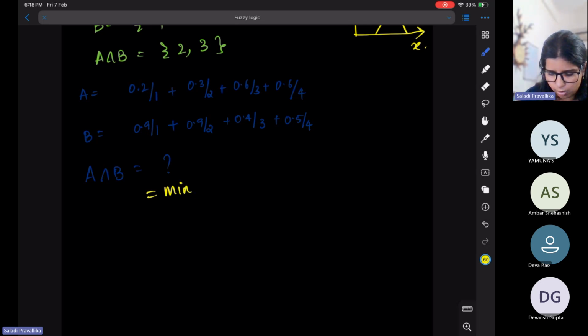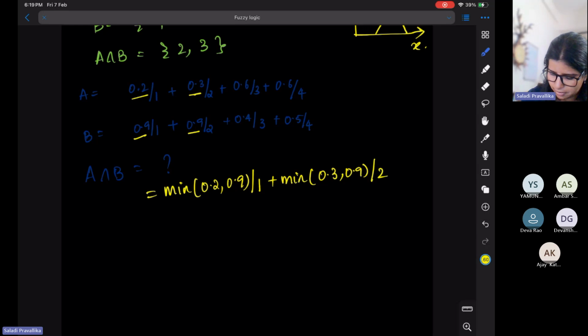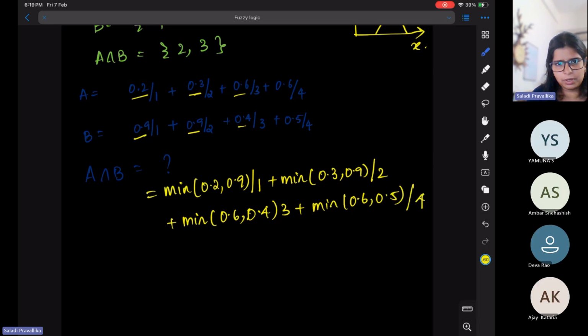So minimum of 0.2 and 0.9 for x equal to 1, plus minimum of 0.3 and 0.9 for 2, plus minimum of 0.6 and 0.4 for x equal to 3, plus minimum of 0.6 and 0.5 for x equal to 4.